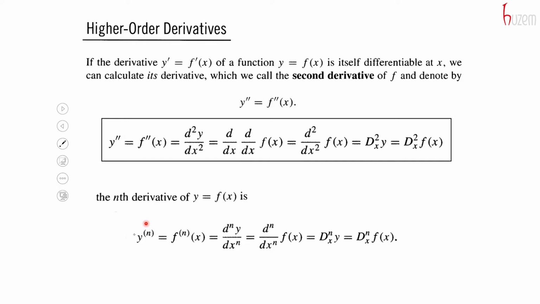So higher derivatives will be denoted by this notation when n is big enough, or this one. For the rest, it doesn't create a problem to use the nth power, because there is no possibility of confusing it with anything else. So d to the power n of y divided by dx to the power n, or these notations will be used throughout.